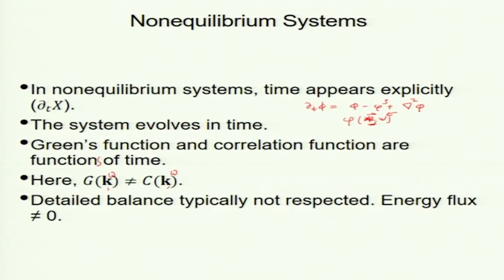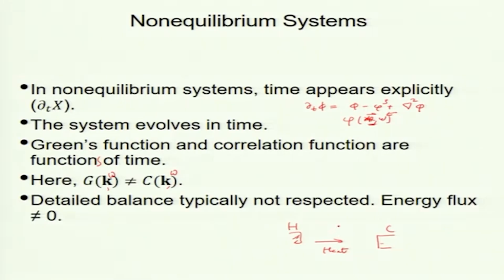Energy flux is not equal to 0. There will be energy transfer across scales, or it could be in real space itself. For example, in conduction, when heat is flowing from the hot region to the cold region, this is heat flux and that makes it non-equilibrium, because heat is going from left to right.